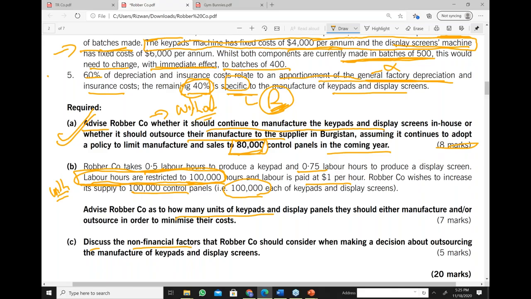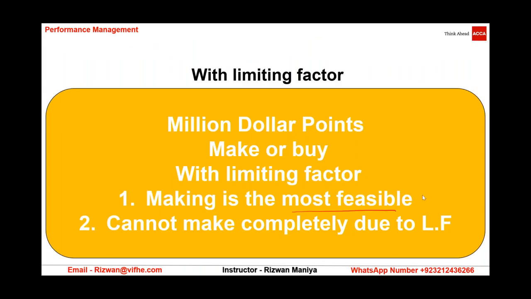So in make or buy with limiting factor, making is most feasible, and it is the case. You want to produce both keypad and display screen in-house, right? Because the cost is less. But you cannot due to limiting factor.